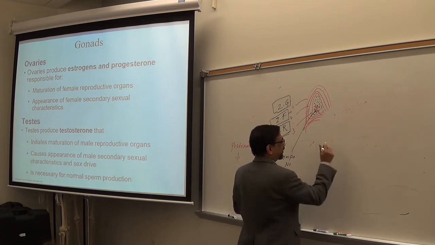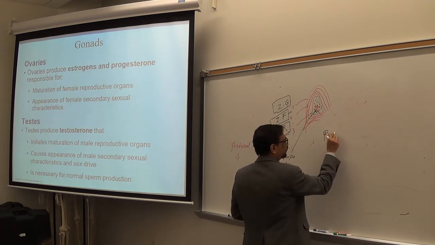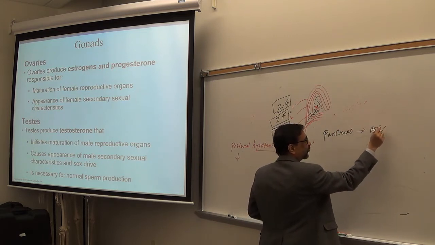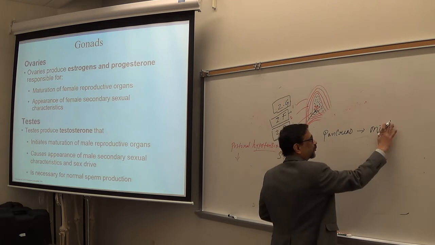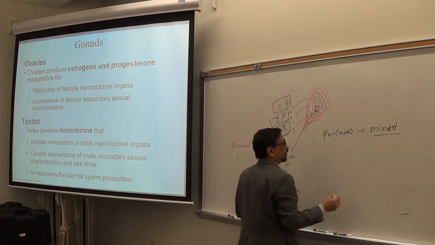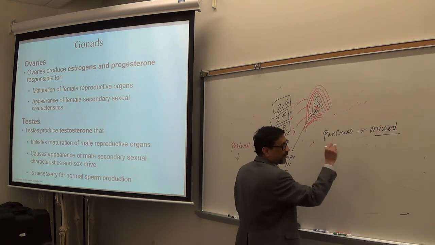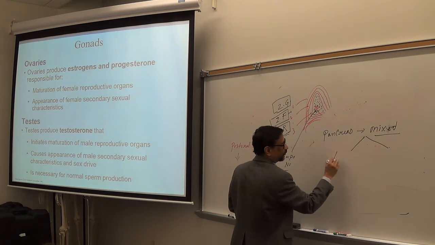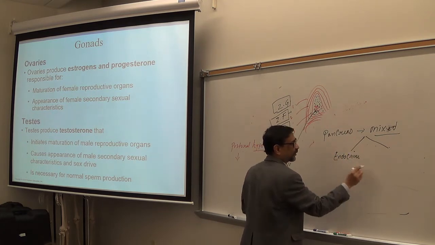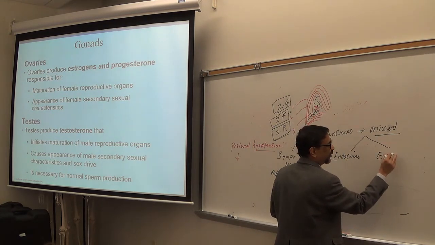So the pancreas is a mixed type gland. It has both endocrine and exocrine parts.